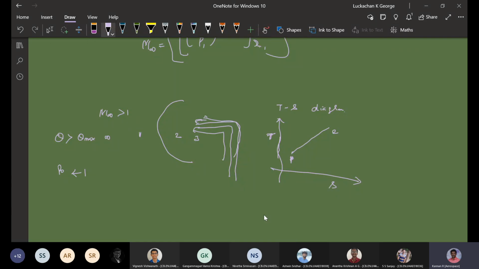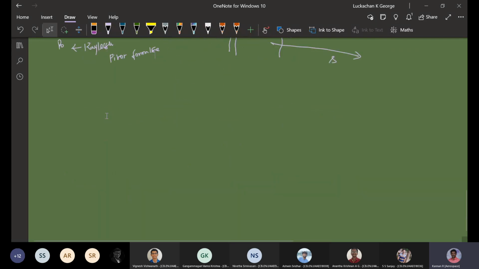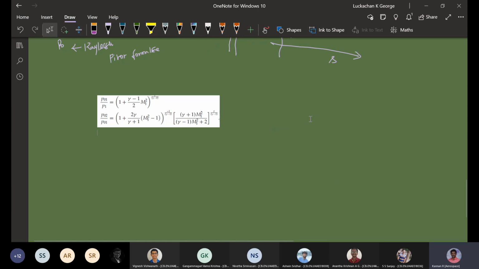For that purpose, the Rayleigh-Pitot formula is used. It's basically a simple chain rule. These are the two relations we have studied for a particular Mach number.